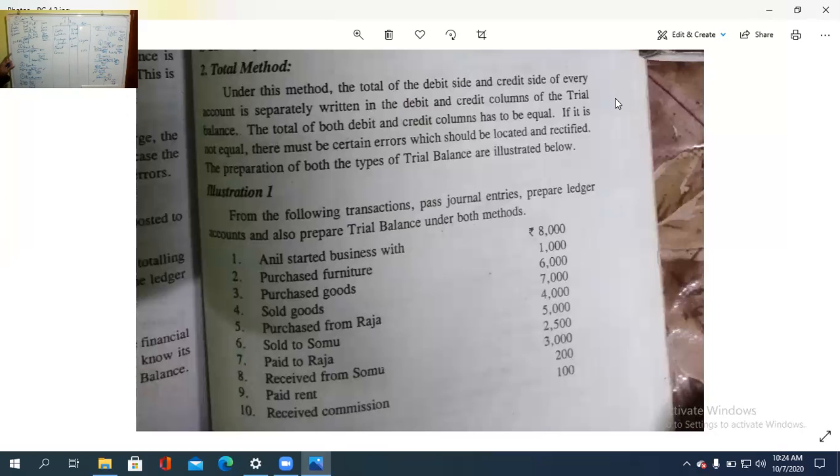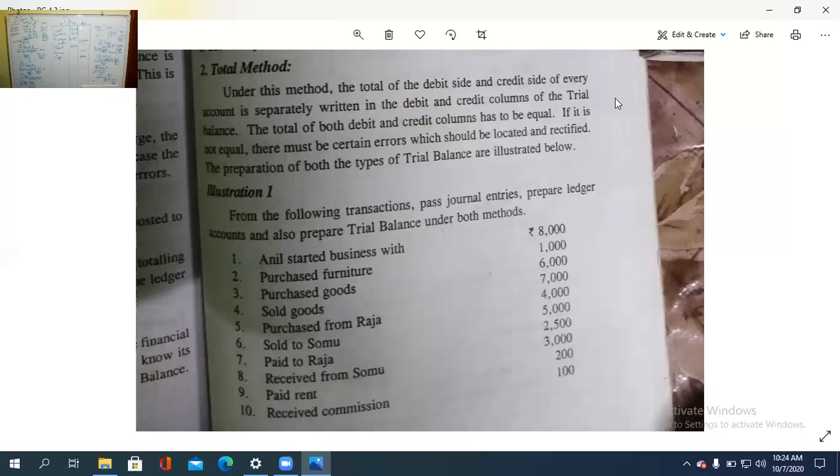Next is what? Anil. Anil started business, so yes. This is nullified. Okay. So Anil means capital. Capital 8,000. Okay.